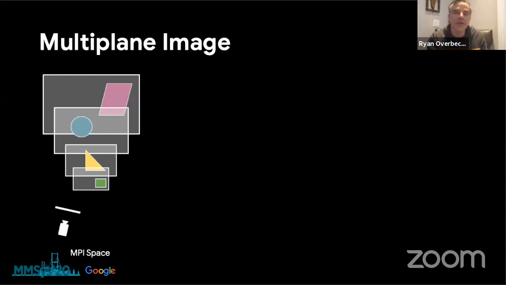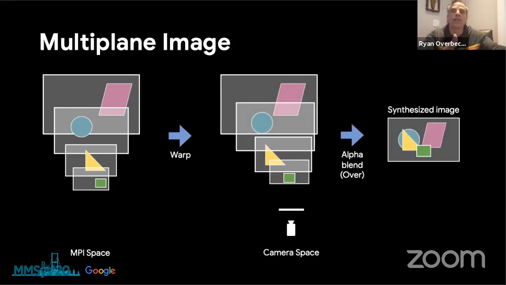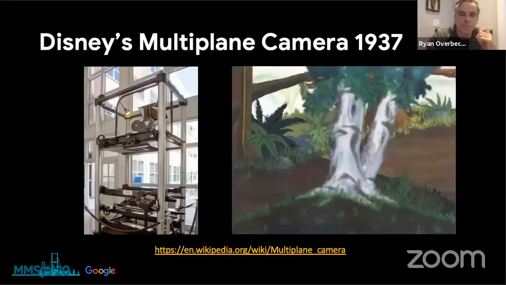And so to render an MPI to an image at a new viewpoint, we first warp all the MPI planes, and then we render them back to front using standard alpha overblending. And so by using the partial transparency of the layers, we can now efficiently render complex scenes with high quality anti-aliased edges and complex volumetric effects.